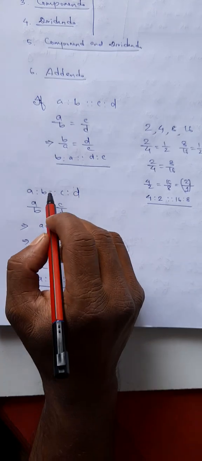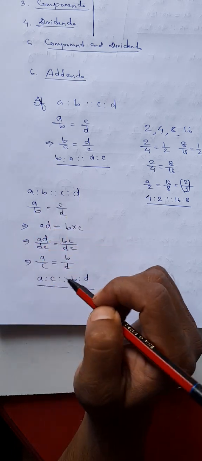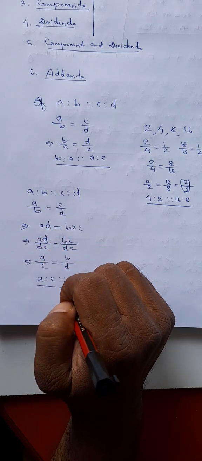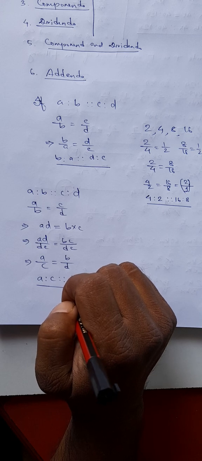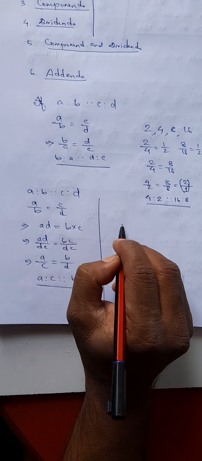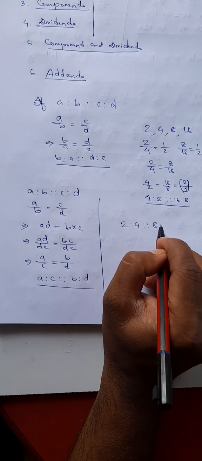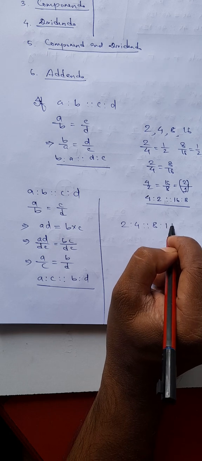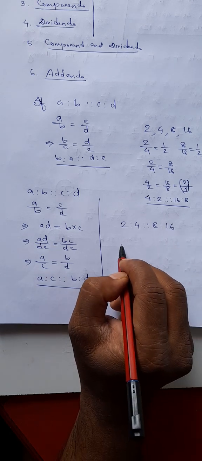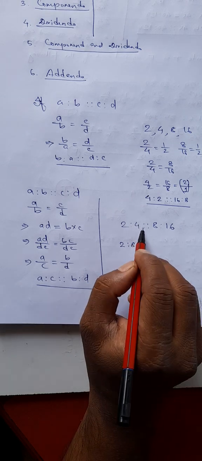That means you are altering the means. If you are altering the means, it becomes same. So this property is called alternendo. Say for example 2 is to 4 proportional to 8 is to 16. Now let's check 2 is to 8. We are altering the means.